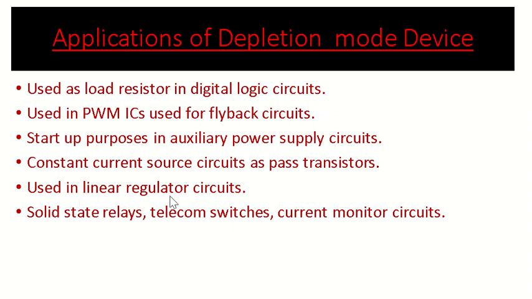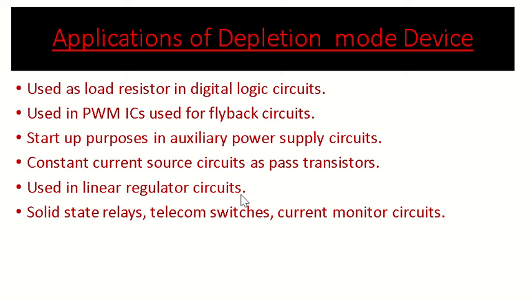It is also used in linear regulator circuits. A regulator means controlling, we can say. By using some regulator also, we can make use of the depletion mode device. That is also one of the applications where we'll come across this depletion mode device.